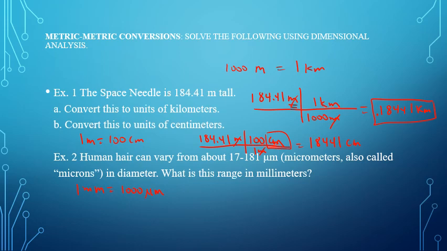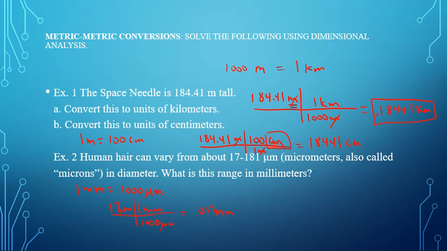So when I set up my conversion factor here, I know that I'm going to have somewhere between 17 and 181. So I'm going to take the 17 micrometers, and I would now convert that into millimeters. So that would be 17 divided by 1,000. So I'd have 0.017 for my millimeters.